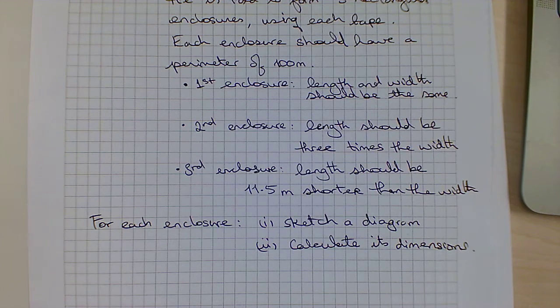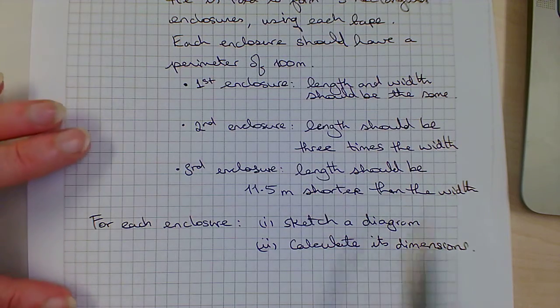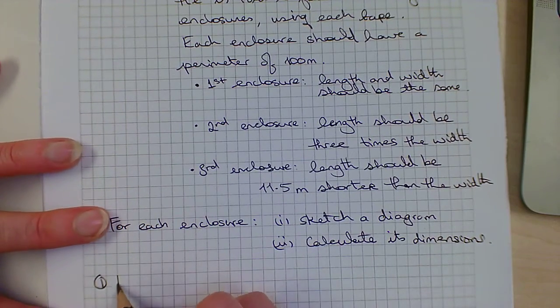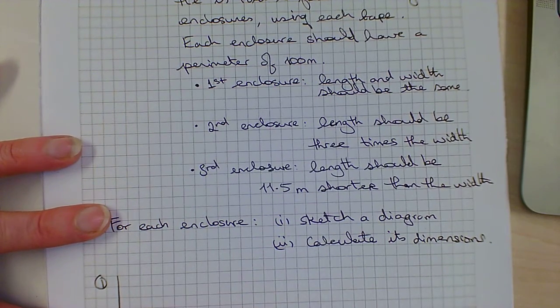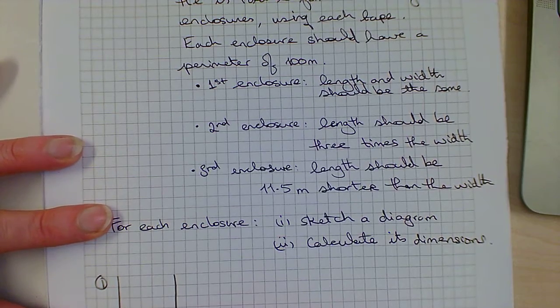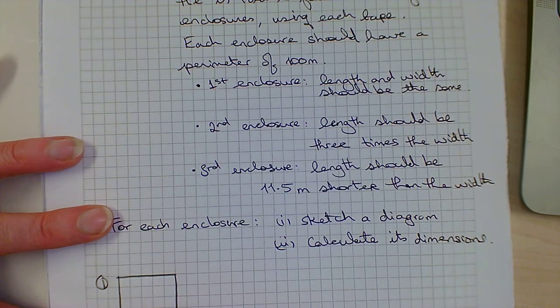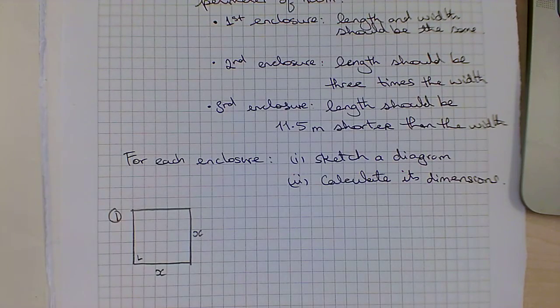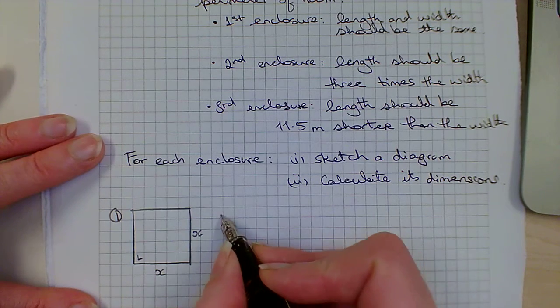So the first enclosure, the length and the width are the same, which means it's a square. So a square, the length and the width are the same, and so we can say that they're both equal to x. Okay, so what can I do with that information? Well, the perimeter is what we know.